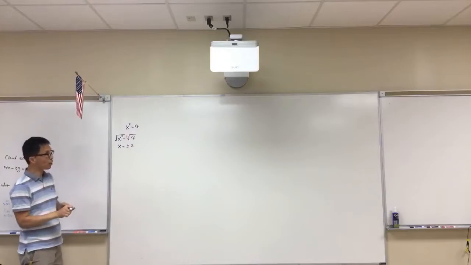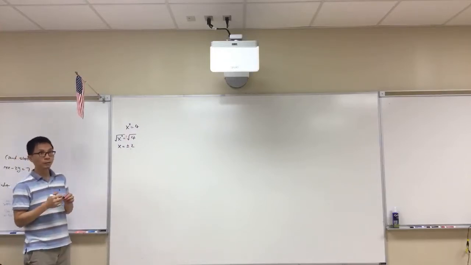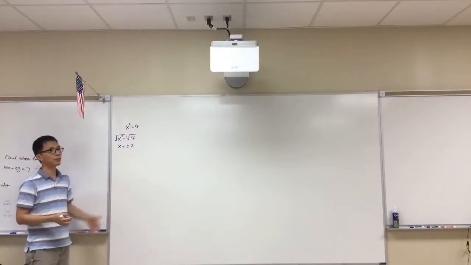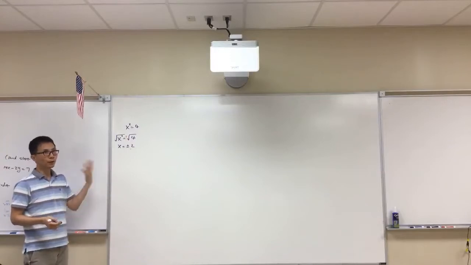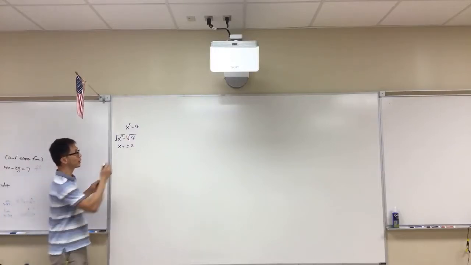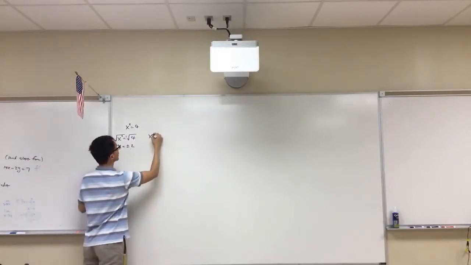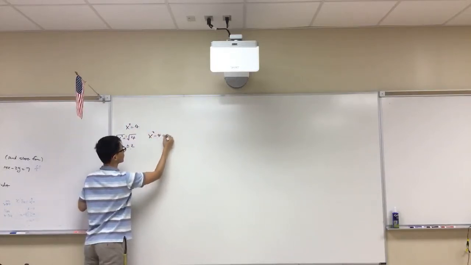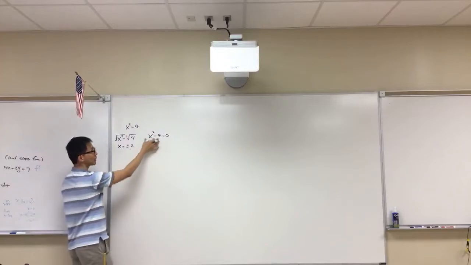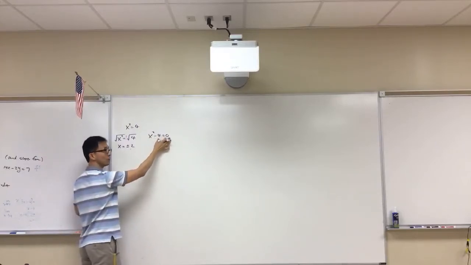But let's talk about why it's plus minus 2. Instead of just telling you there's always plus minus 2, let's look at the question the long way. With x squared, I'm moving the 4 to the other side, subtracting 4 from both sides, so x squared minus 4 is equal to 0.